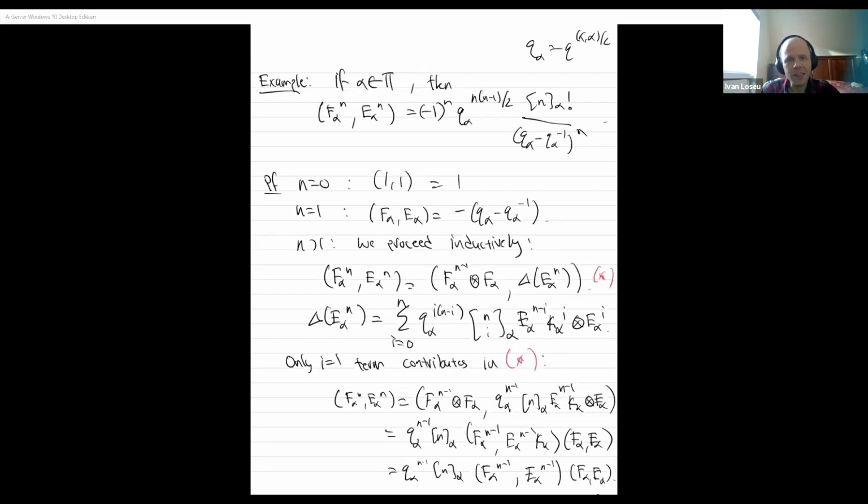We can also see that if we treat f alpha to the n divided by n alpha factorial as a separate entity, then the pairing still has a chance of being non-degenerate.